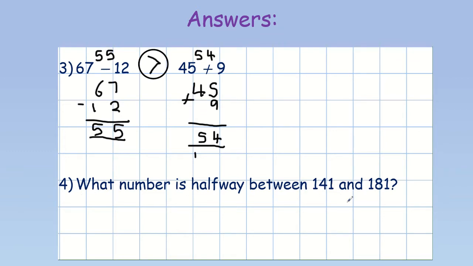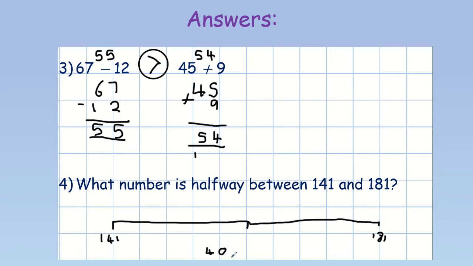Okay, what number is halfway between? There are different ways you can work out halfways, but let's have a look at a number line. We've got 141 and we've got 181. The total difference between them is 40.